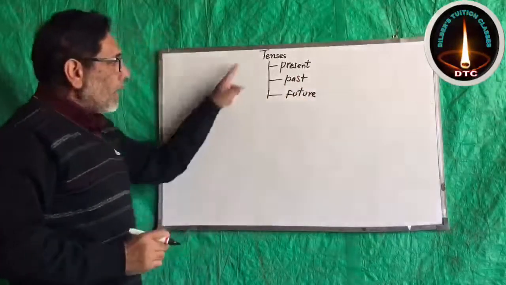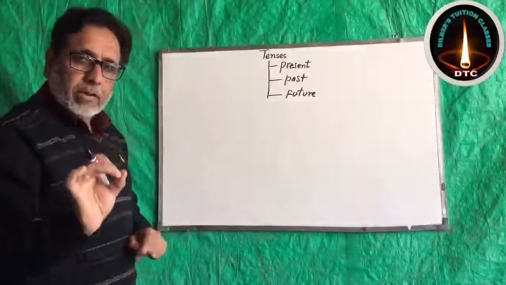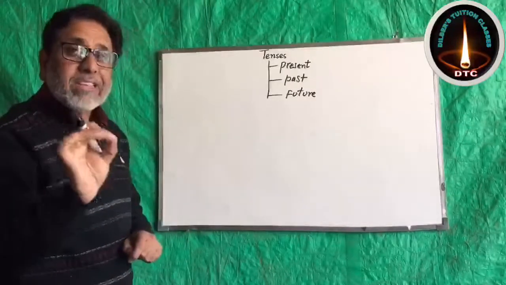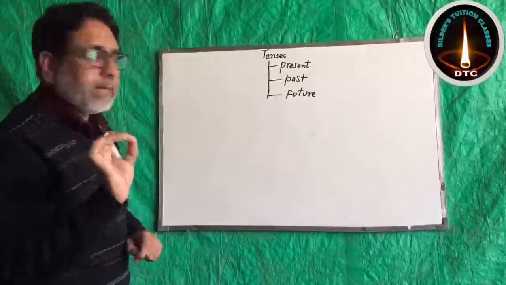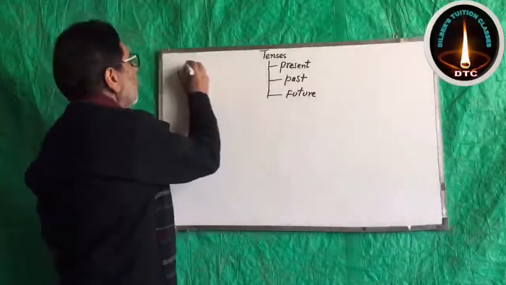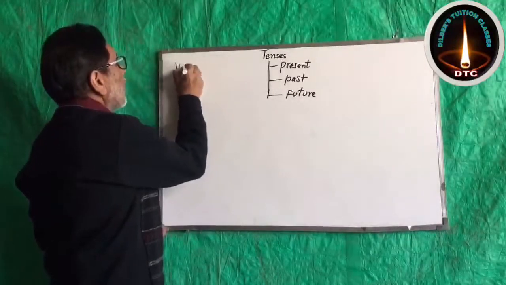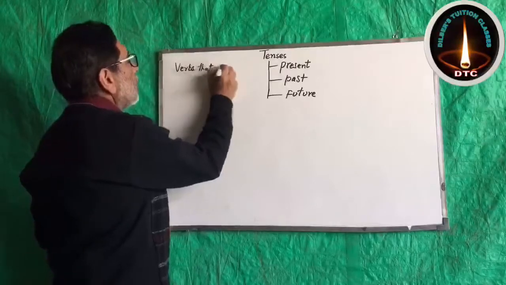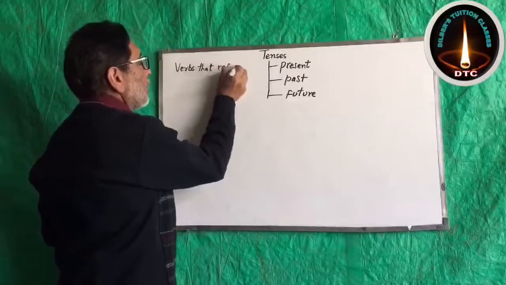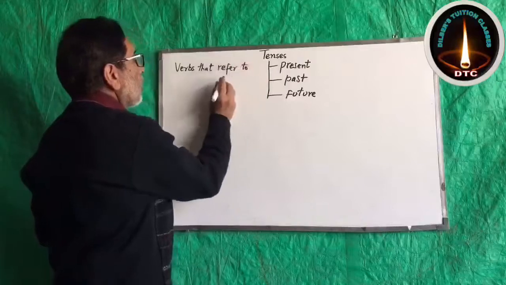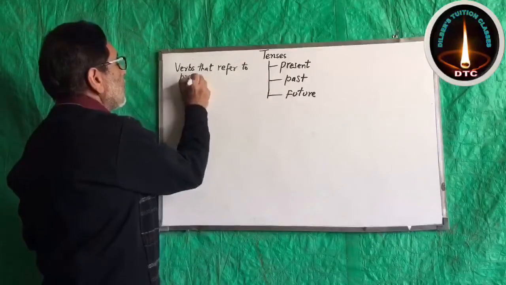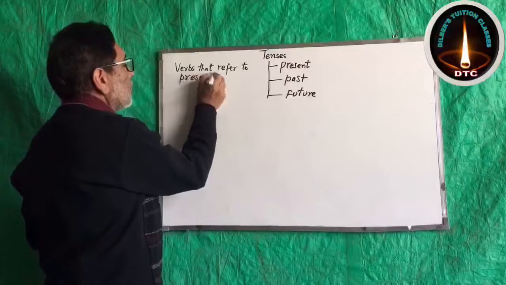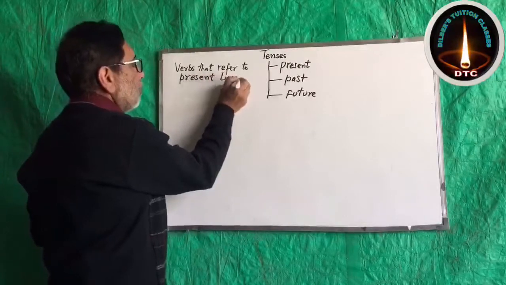Now we can say the verbs that refer to present time are called present tenses. Let us write over here, verbs that refer to present time.